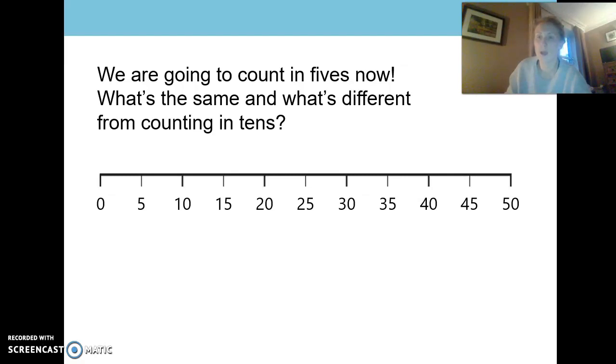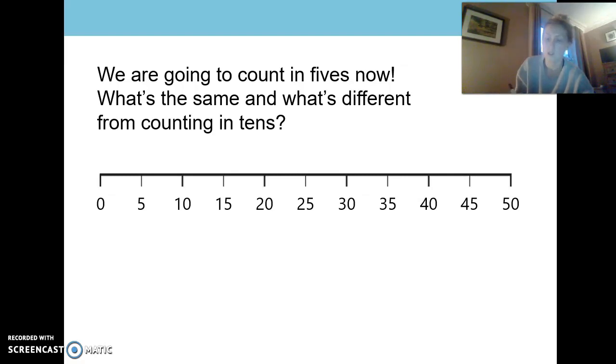Well done. What I would like you to do now is pause the video and draw your own number line and count in fives on your own number line. Mrs. Cockram's going to do that too now. My whiteboard pen is running out though, look. So I'm going to start at 0, 5, 10, 15, 20, 25, 30.